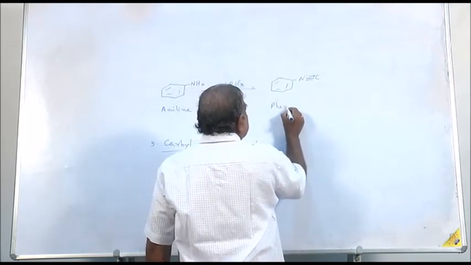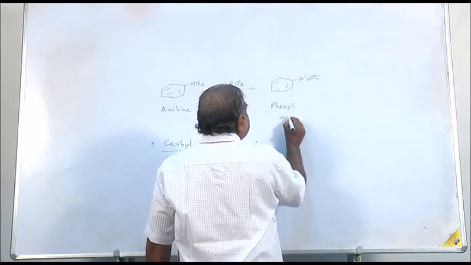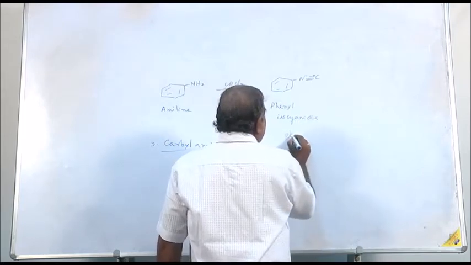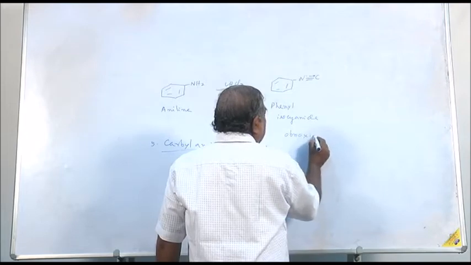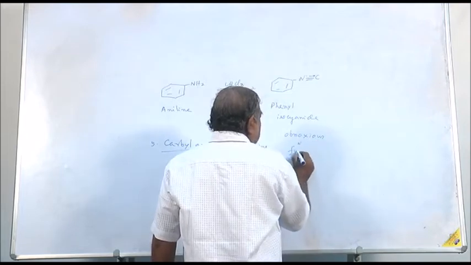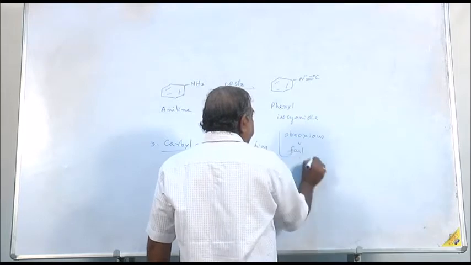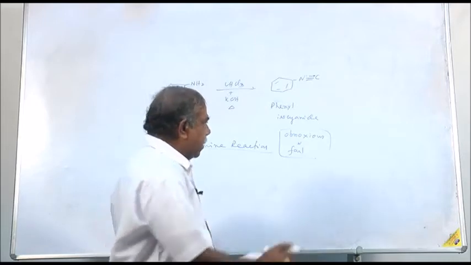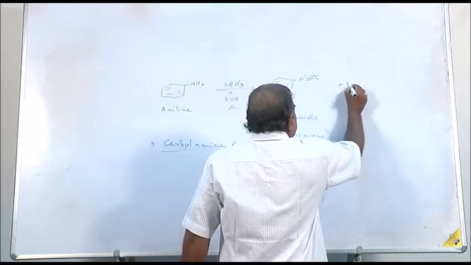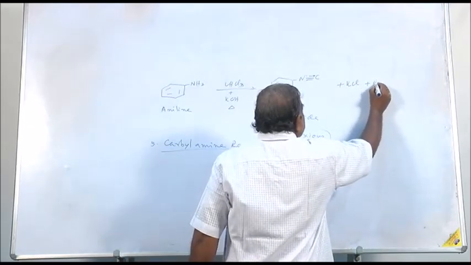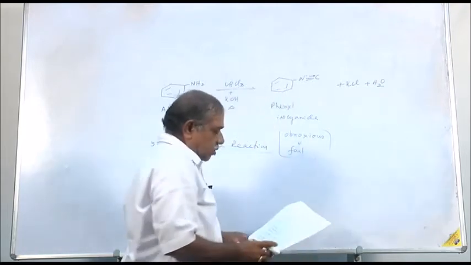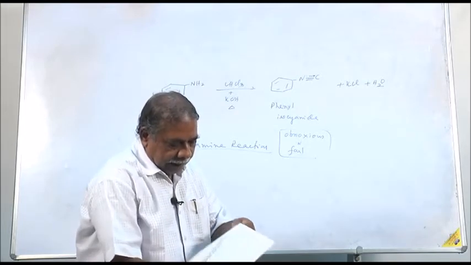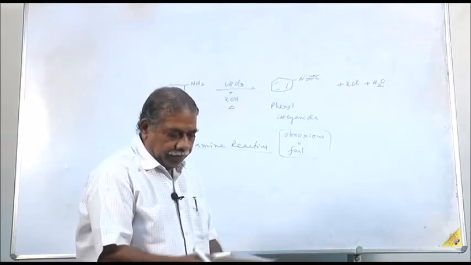This is your isocyanide, phenyl isocyanide, which possesses an obnoxious or foul smell. Along with it you will get potassium chloride and water. So like any primary amine, it also responds to the carbylamine reaction, where you can find that phenyl isocyanide is formed.